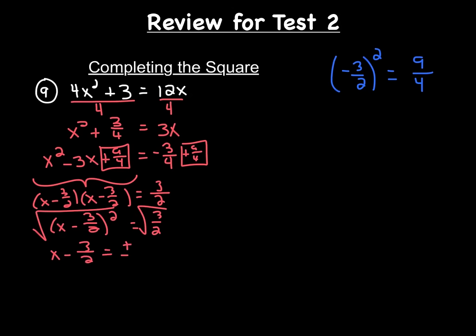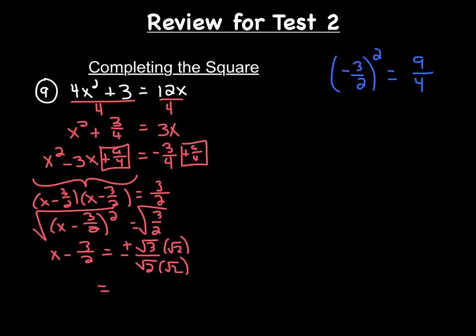Now, when you go to take the square root of a fraction, you could take the square root of the top and the square root of the bottom. If you remember from last year in geometry, you never want to leave a fraction with a radical in the denominator. So in order to get rid of that, I'm going to multiply the top and bottom by the radical in the denominator.